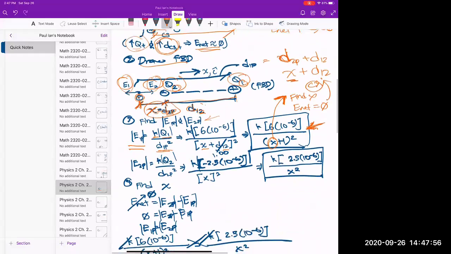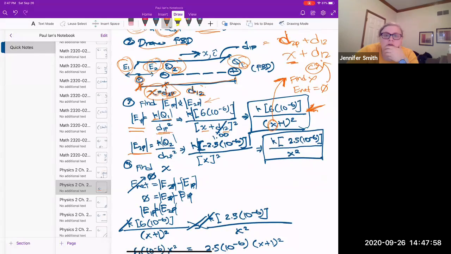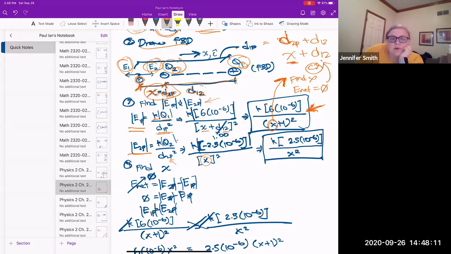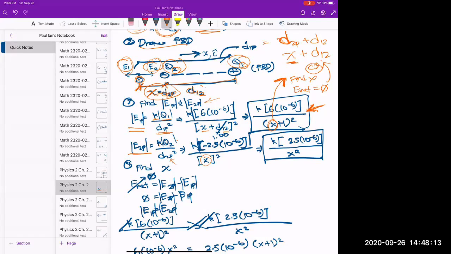And so for E2P, it's the same thing, K, Q2, D2P. And the distance D2P there is just X. That's how far away from the negative charge, right? Yep. And since this is a negative charge but you want the magnitude, it's gonna be positive.